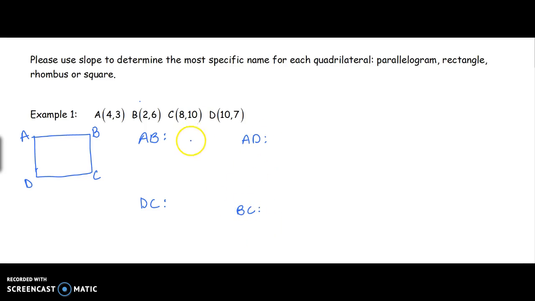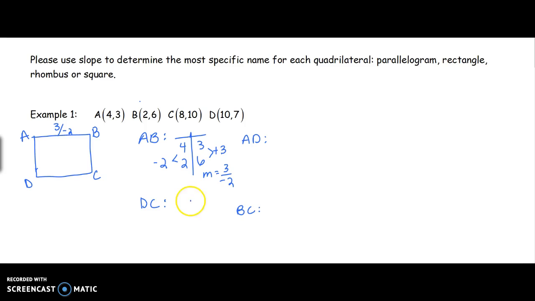So just like before, we find our slopes. The point A is 4, 3, B is 2, 6. From 4 to 2 is minus 2. From 3 to 6 is plus 3. So the slope of AB is 3 over negative 2.